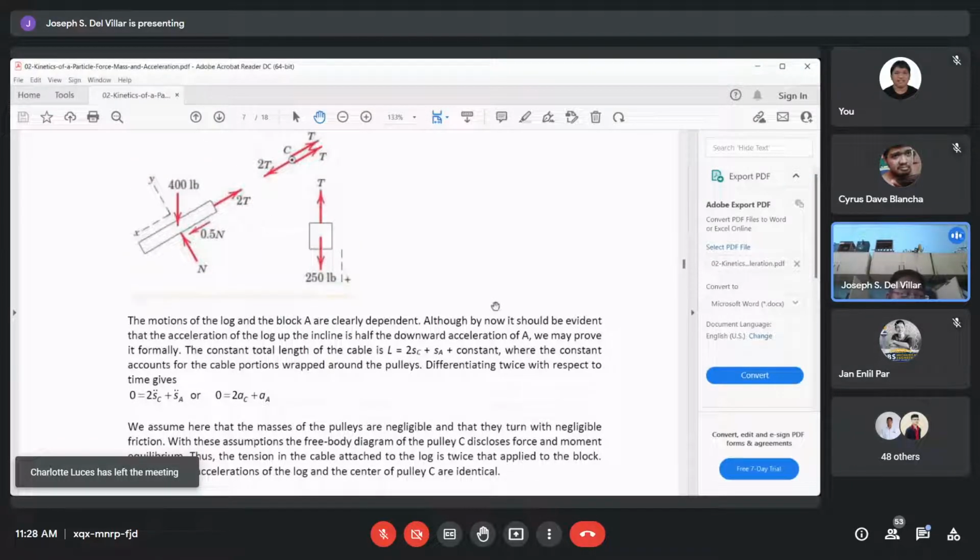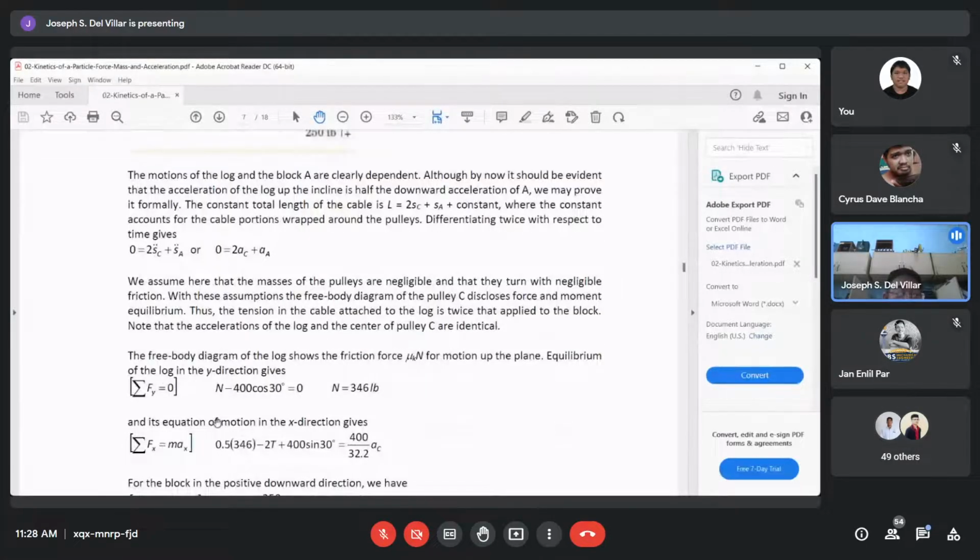You can clearly see in the free body diagram the frictional force, 0.5 times N, mu k times N. So we start with the friction. 0.5 times 346 minus 2T plus 400 sine 30 is equal to 400 divided by 32.2 times a sub c.